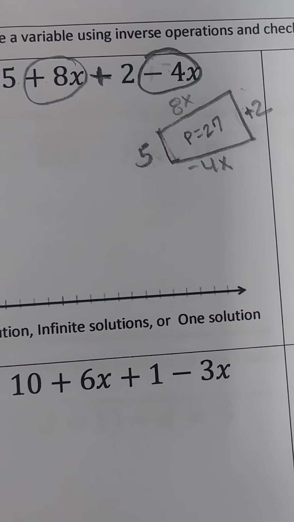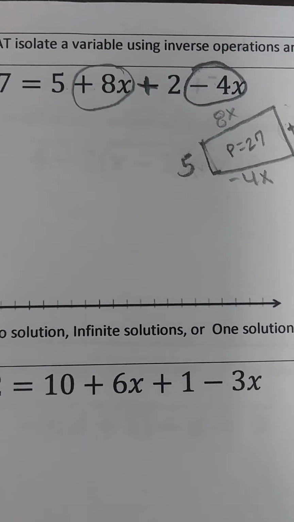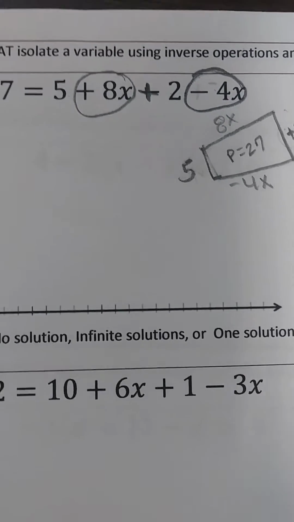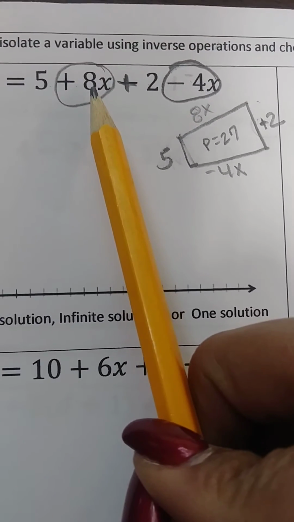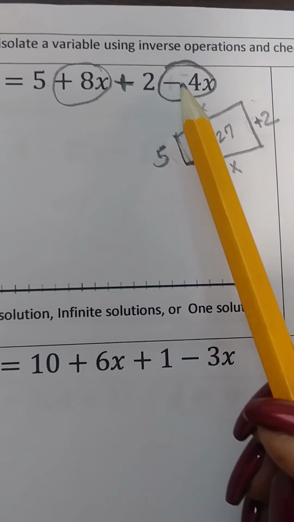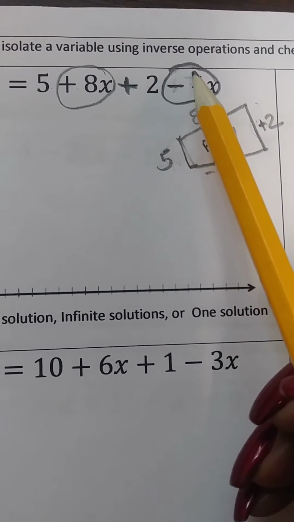So it doesn't feel like we're leaving out our addition or subtraction signs or negatives. So 8, and of course we know not to leave out negatives, but you know where I'm going. Keep it minus.